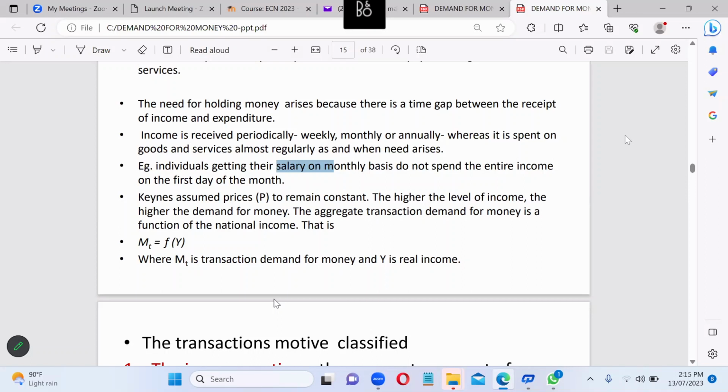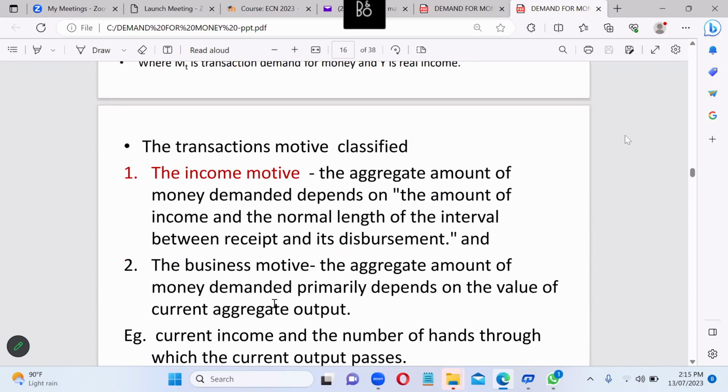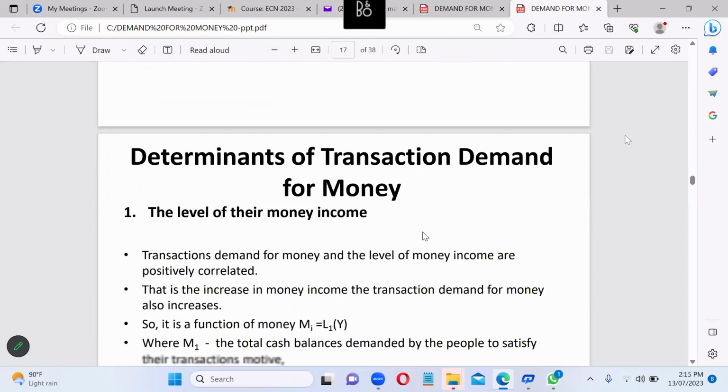Once the income is increasing, the transaction motivation also increases. So there is a positive relationship. Once the income is decreasing, the transaction process also decreases.